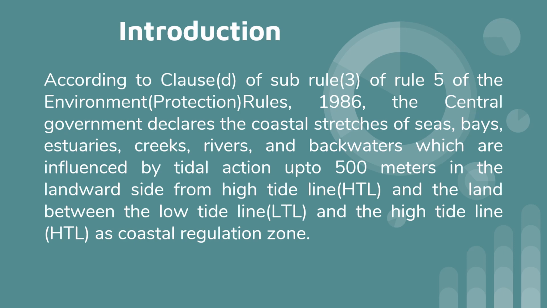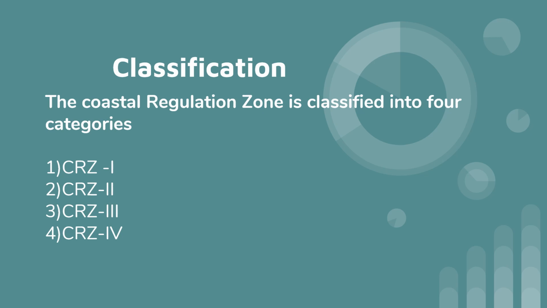So what is this HTL? HTL is nothing but the high tide line on the land up to which the highest water line reaches during the spring tide. So this is called HTL and the low tide line is called the LTL. And the next is there are classifications in this coastal regulation zone.